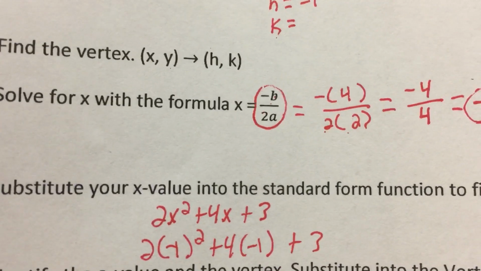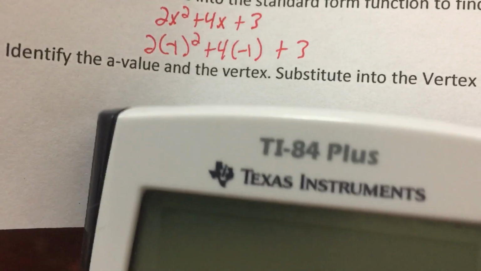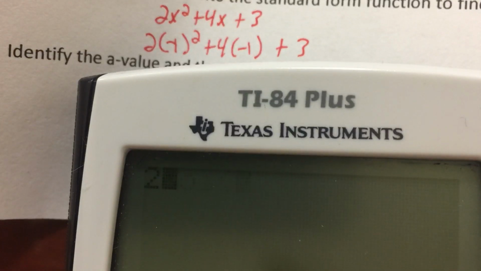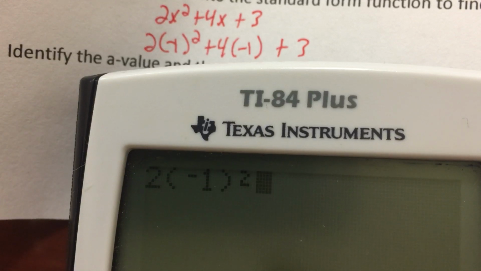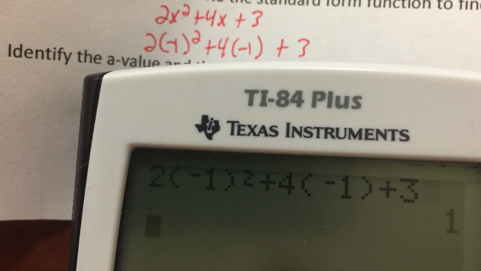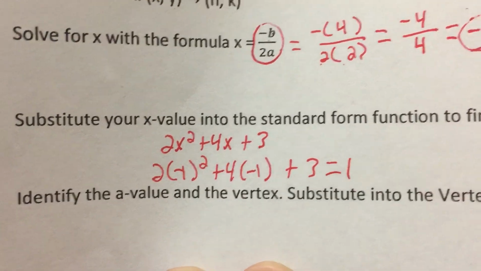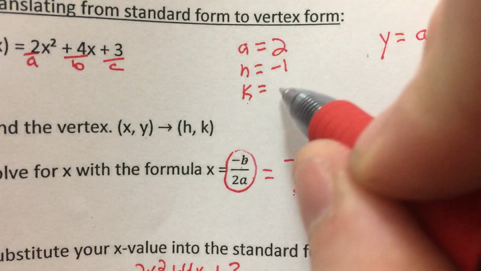Okay? You can do all this slowly if you wanted to, or you can just type it all into your calculator as well. Let's see if I can get this on here. 2 parentheses negative 1 squared plus 4 times negative 1 plus 3. This ends up giving me the number positive 1. And that is my K value.